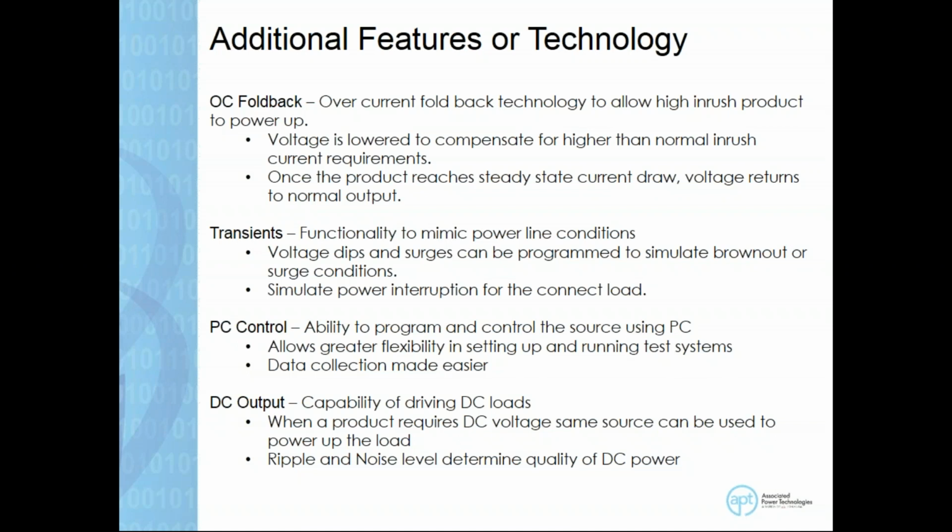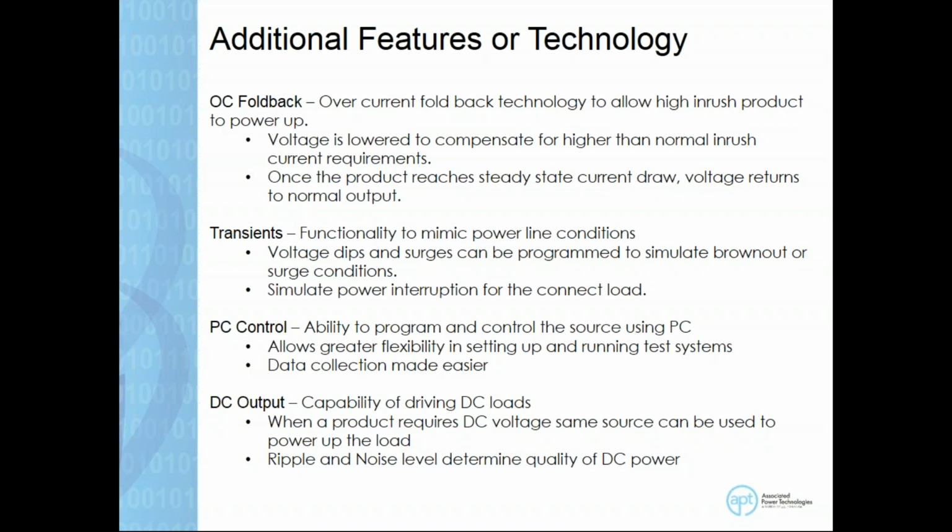The voltage may sag for the few milliseconds or few seconds that the inrush period is there, but when the inrush period is over and it returns to a steady state, the voltage goes back to the proper voltage. So this allows you to power up really inductive or capacitive loads that have high inrush of current.